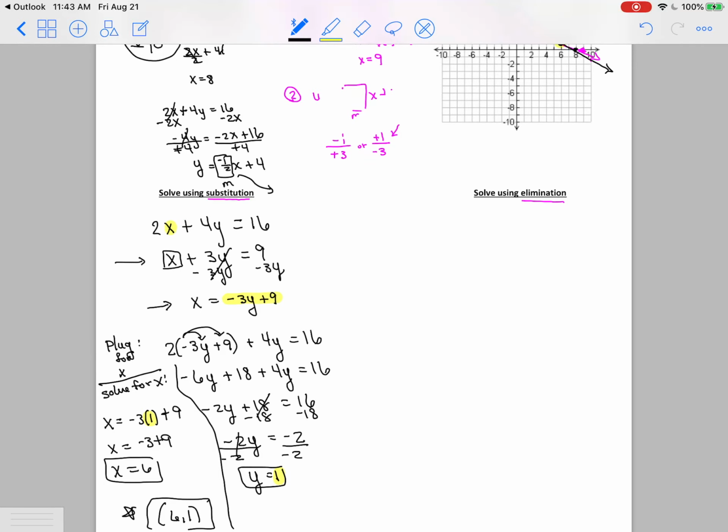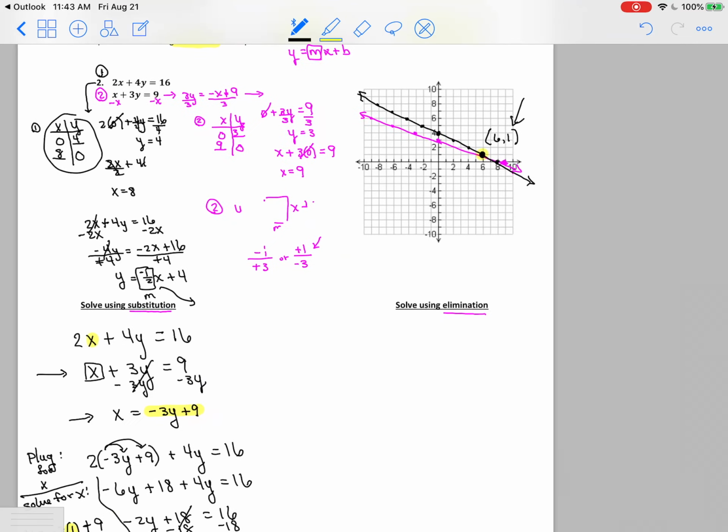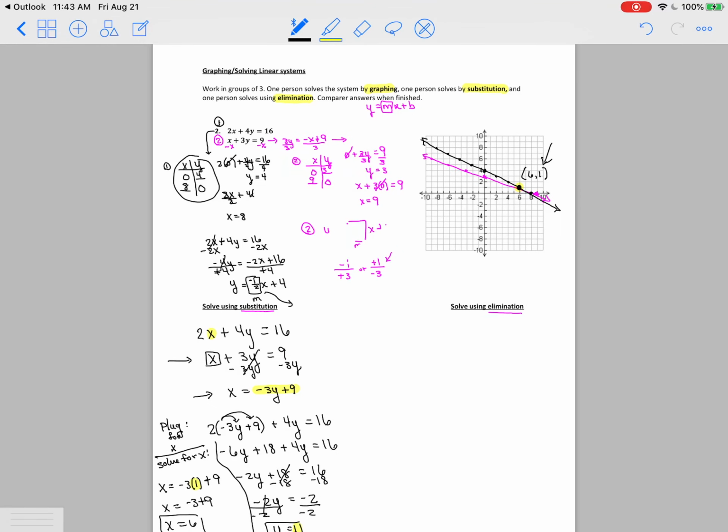All right, and lastly, let's try the elimination method. So let's bring these down. We've got 2x plus 4y is equal to 16, and x plus 3y is equal to 9.